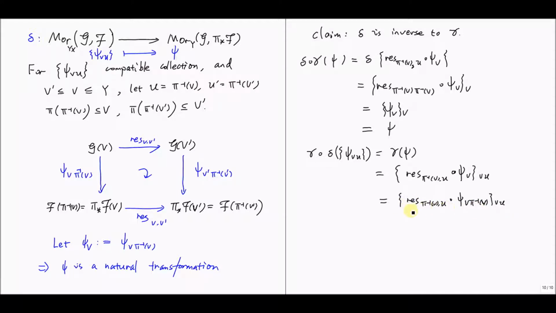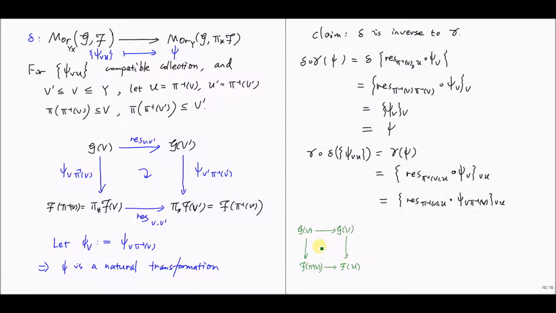From here, we can immediately recall the definition for the compatible collection. There's a commutative diagram saying that the restriction composed with a map in the compatible collection will be the same as another map in the compatible collection composed with a restriction. Specifically, this composition is this composition.